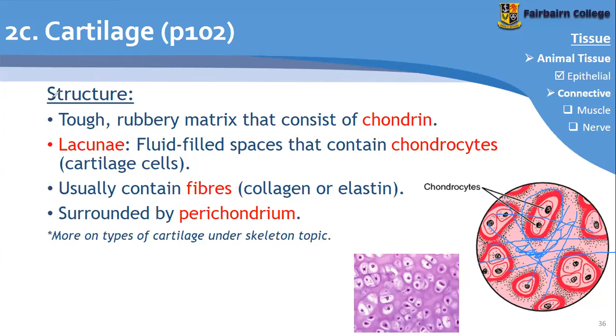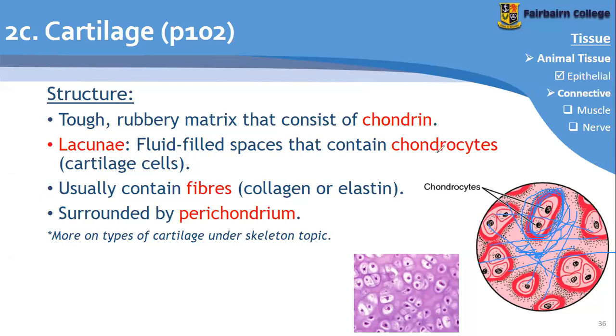In the cartilage tissue, you will also have areas called lacunae. This is a word we discussed in bone tissue. Lacunae are fluid-filled areas that house the cells. In bones, the lacunae were filled with osteocytes, and in cartilage, the lacunae are filled with chondrocytes.